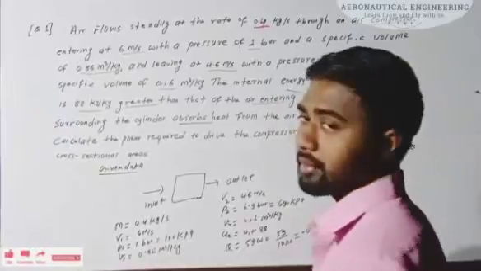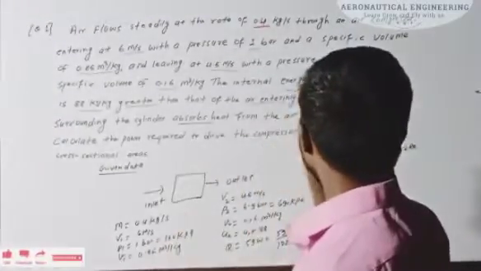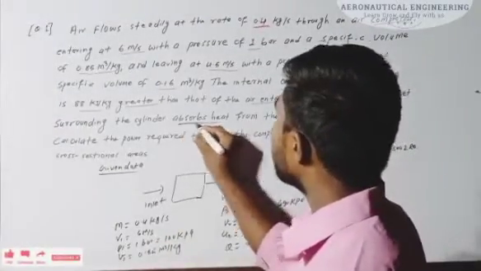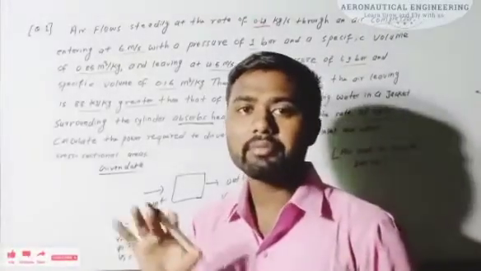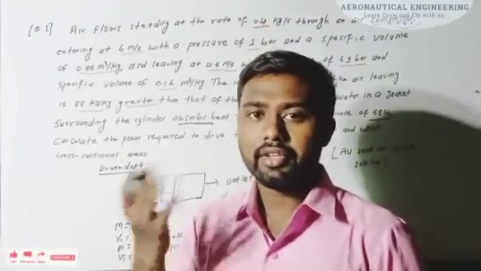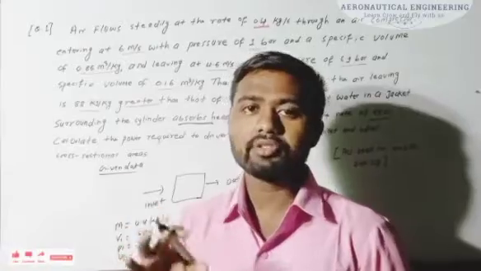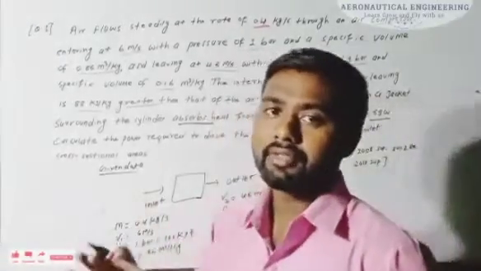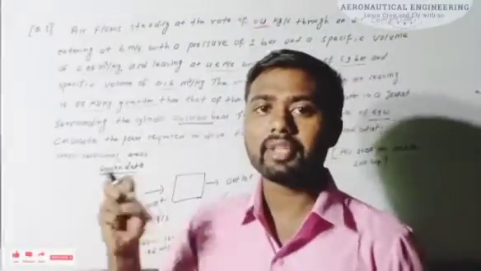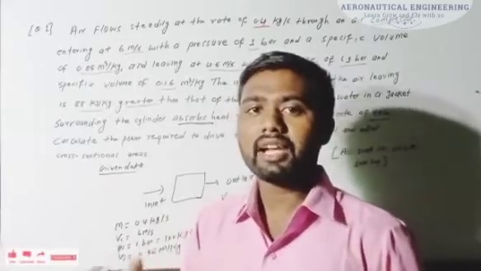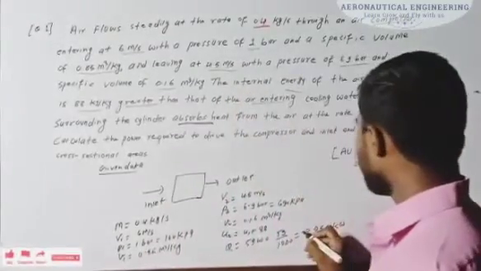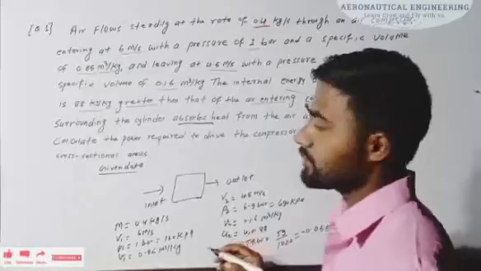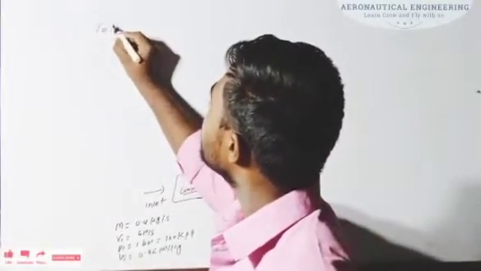This becomes negative. Why is Q negative? Because heat is absorbed, so we have to take the negative sign. If heat is produced by a device, the sign will be positive. If heat is absorbed, the sign is negative. So Q equals minus 0.059 kilowatt.